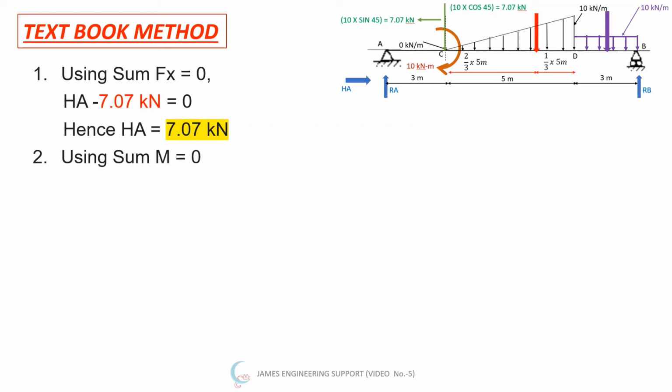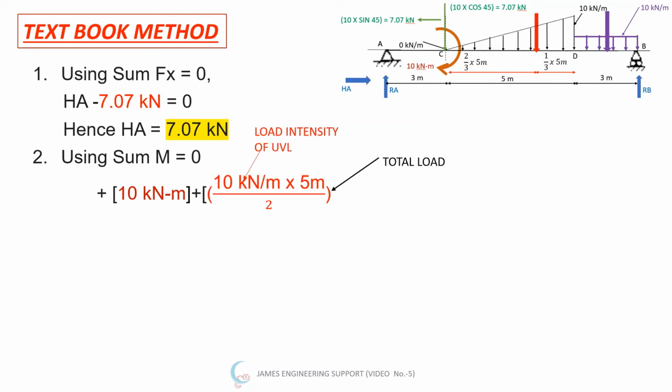In this textbook method, we are now considering the summation of moments at A as 0. We will start with the positive moment, that is provided as 10 kilonewton meter at C. So this will be the positive moment of 10 kilonewton meter.